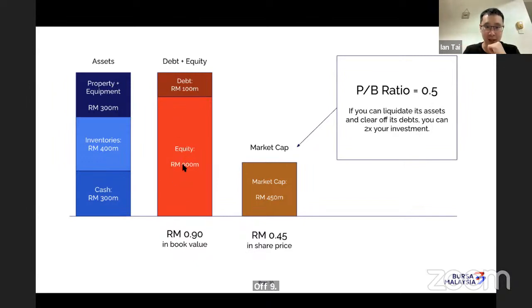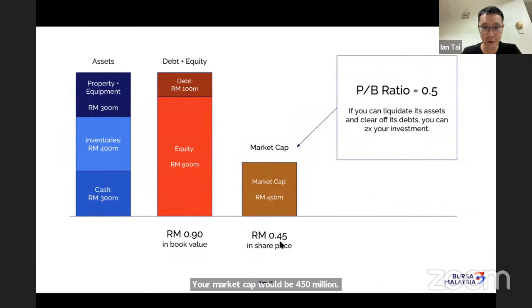Okay, now the thing is that this company has 1 billion shares in issue. So if you take 900 million and split it up over 1 billion shares, you should get a book value of 90 cents. Say the price is 45 cents. So if you take 45 cents times 1 billion shares, your market cap would be 450 million.